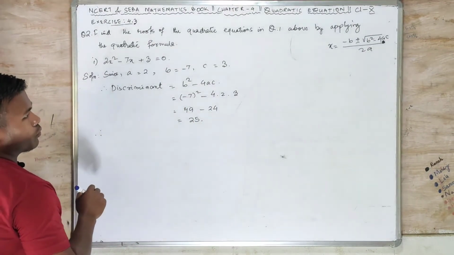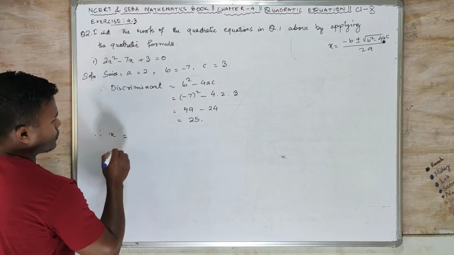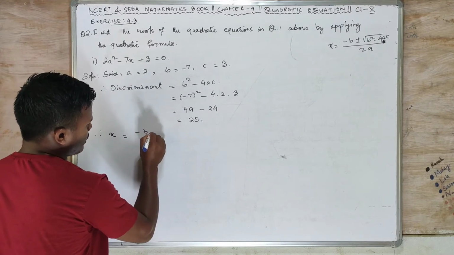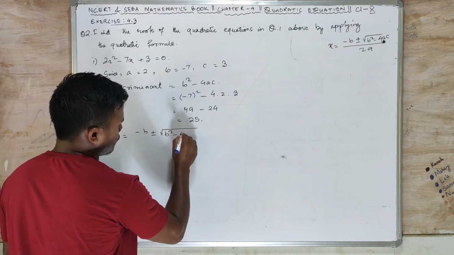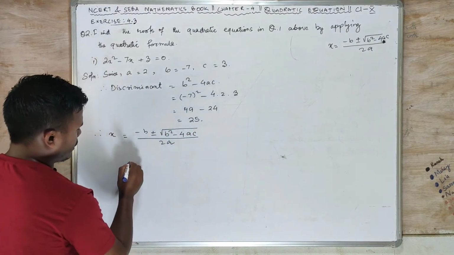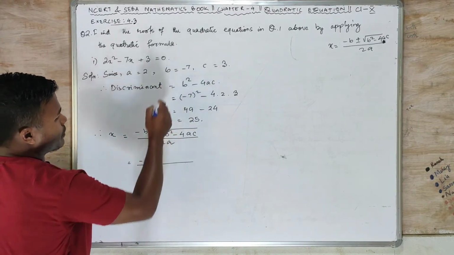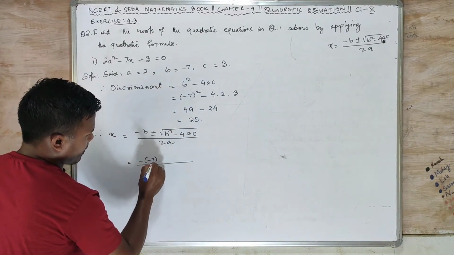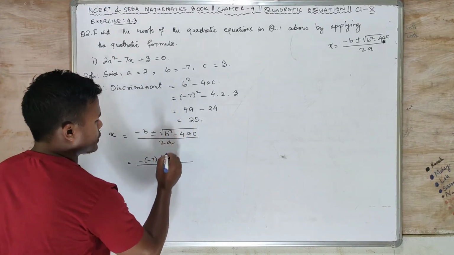Now you can use the formula. What is the quadratic formula? X is equal to minus b plus minus square root of b square minus 4ac divided by 2a. Now you see the formula. Minus, what is your b value? Your b value is minus 7, plus minus square root of b square minus 4ac.